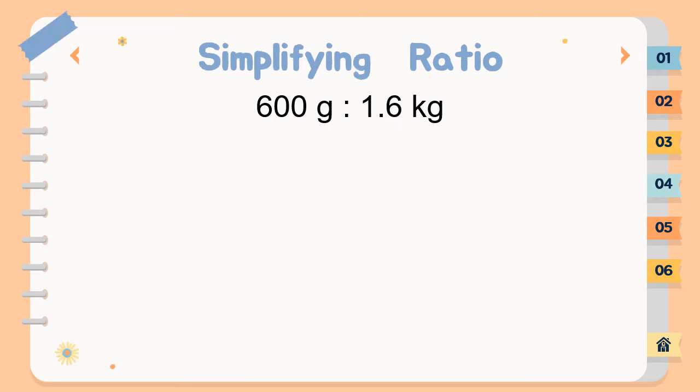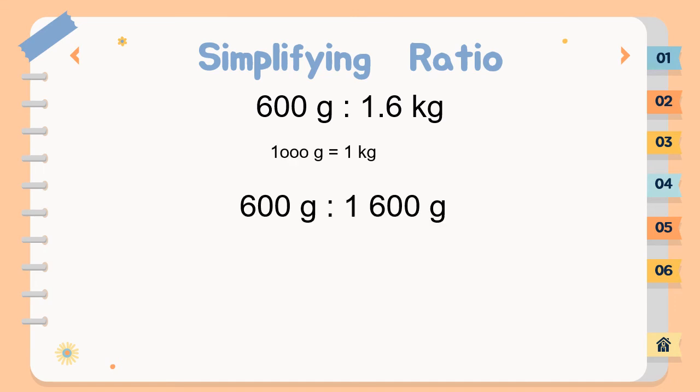Next, simplifying ratio. The first thing we need to do is convert to the same unit. For example, gram to kilogram. We know that 1,000 grams is equal to 1 kilogram. So 1.6 kilograms is equal to 1,600 grams, since 1.6 multiplied by 1,000 is 1,600 grams. Then simplify our answer.